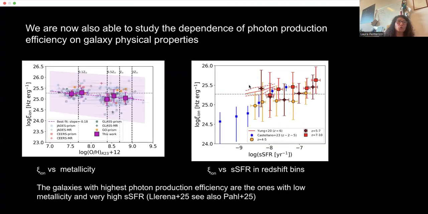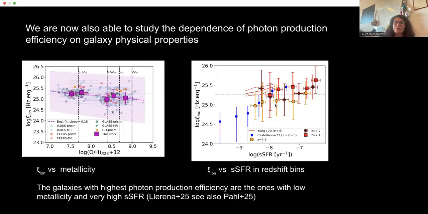By the way, we are also now able to study the dependence of the photon production efficiency on the galaxy physical properties. We have some expectations, of course, because we have the stellar population models. But in this study by Irena, we found, observationally and for the first time, that Xi ion and metallicity are inversely proportional, in the sense that the highest Xi ion is found in galaxies with lower metallicity.